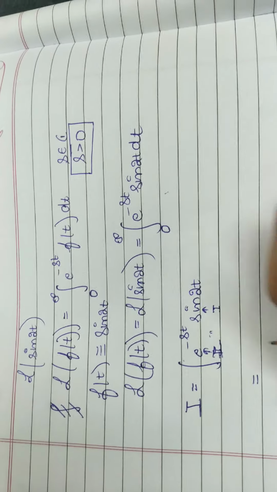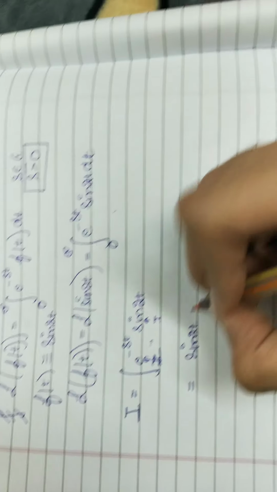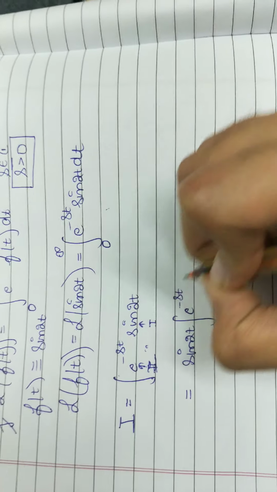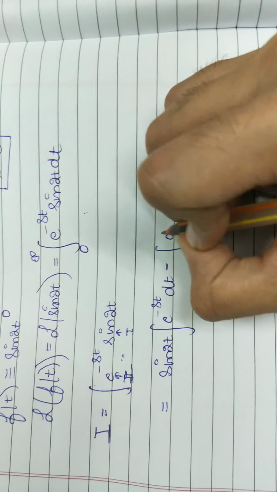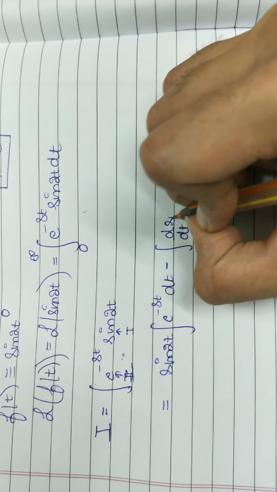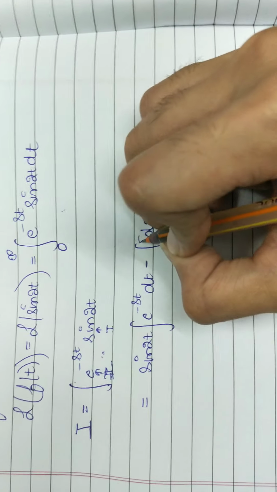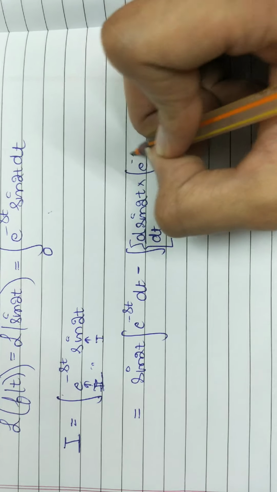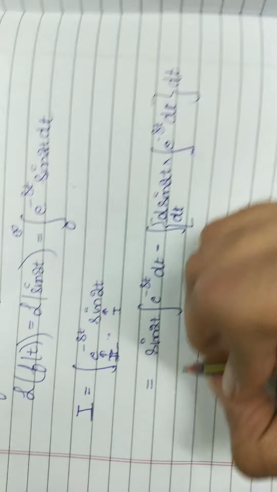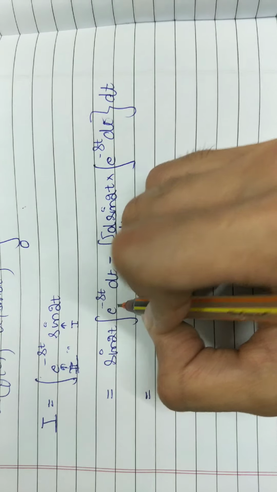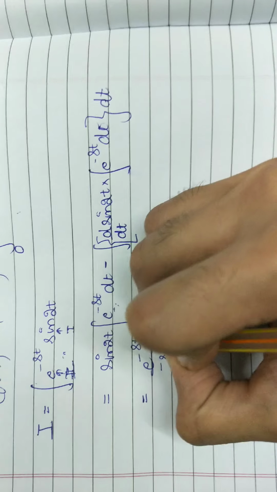So on applying integration by parts, for the first term we're going to leave the first function as it is, multiplied by the integral of the second function, minus integral the derivative of the first function, that is sin 2t for this case, into the integral of the second function, this whole and dt. So the integral of e raised to power minus st is e raised to power minus st upon minus s. So e raised to power minus st upon minus s sin 2t.